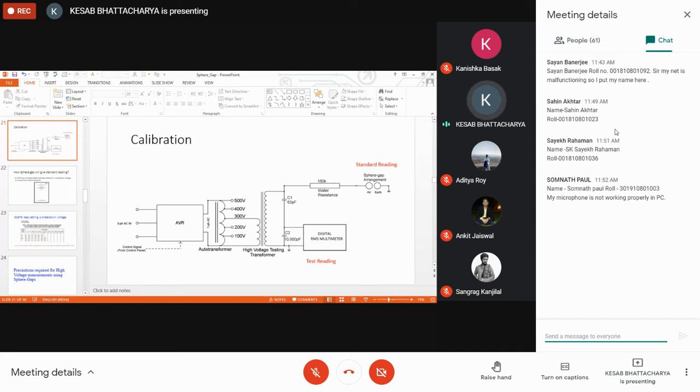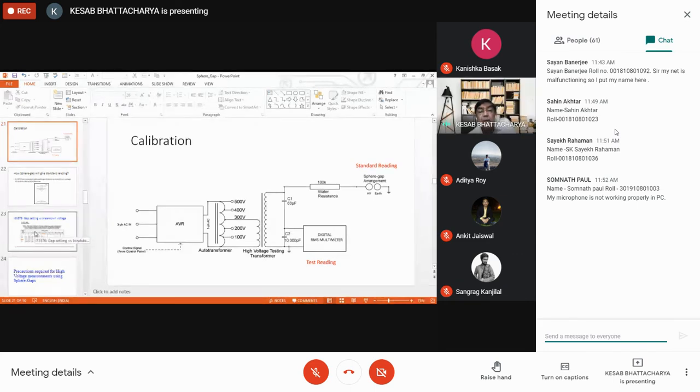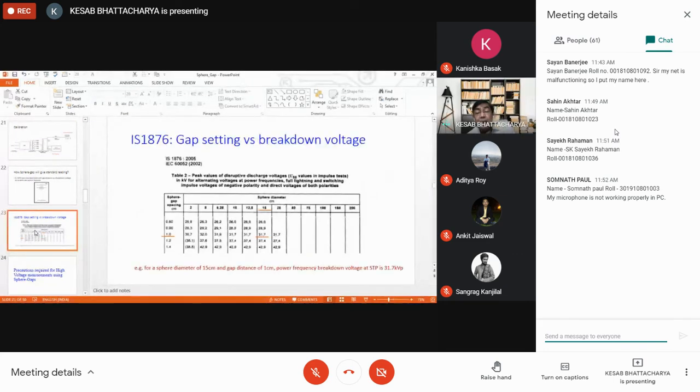In order to explain the second point, that is when the diameter is 12.5 centimeter or less, you have to irradiate the gap. Again, we refer to the table we have seen here. If you see carefully, there are breakdown voltage values.